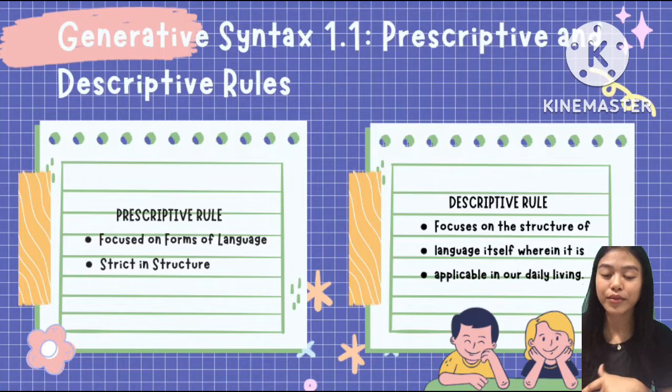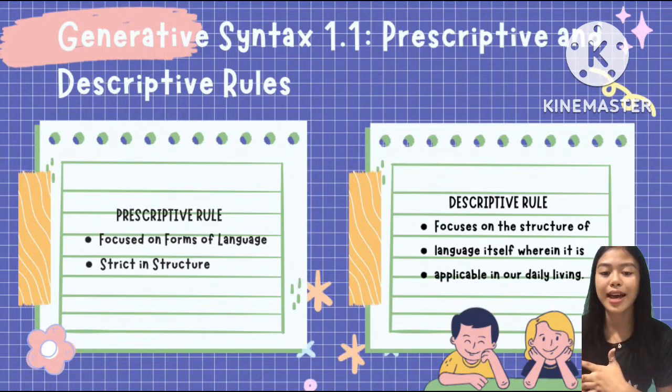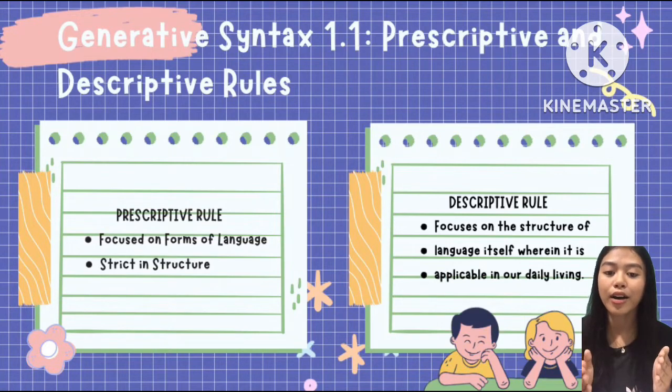In descriptive rule, it focuses more on the structure of language, and it is applicable in our daily living. Meaning to say that descriptive rule is more into freestyle of speaking the language.